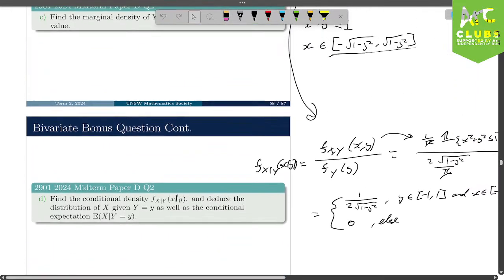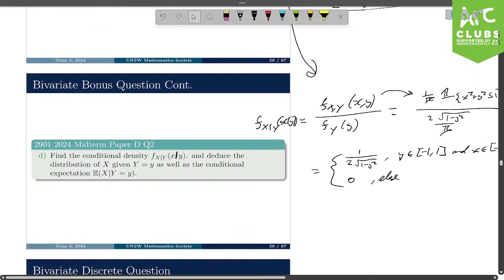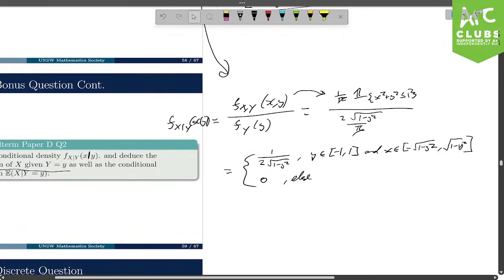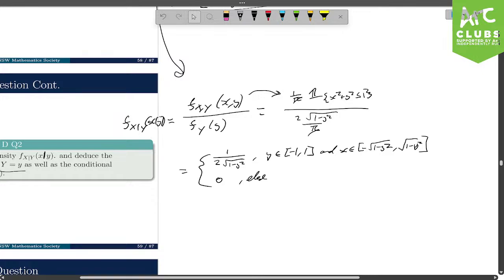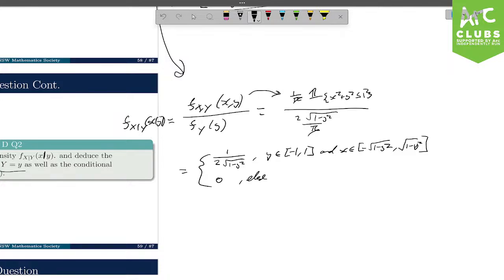But we're not just done yet with this question. It is a 3-marker for a reason. It wants us to deduce the distribution of x, given y is y. Well, this distribution can be seen as, okay, when I go to where 1 minus y squared equals 0, probability approaches infinity.